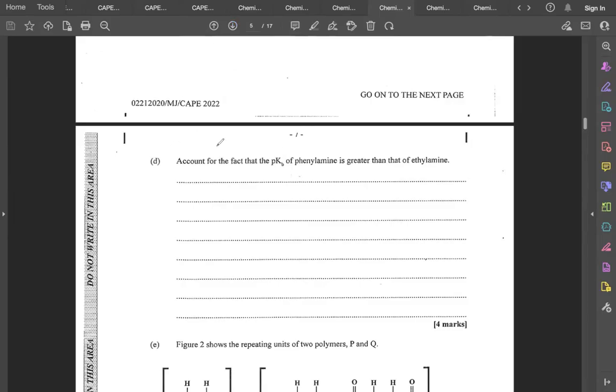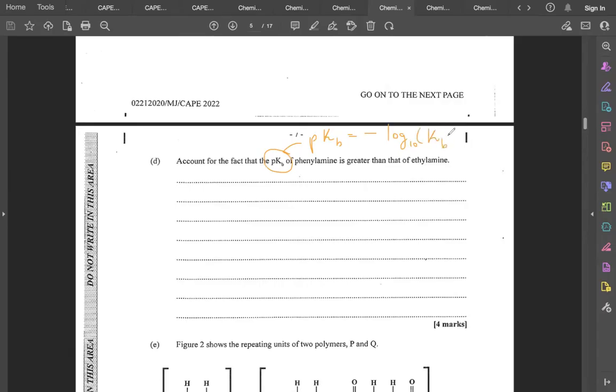The pKb is just the negative log of the Kb, which is the base dissociation constant. That's the extent to which the base dissociates in solution, right? Do you guys follow that definition? It's the exact same thing as for acids, but now for bases, okay?